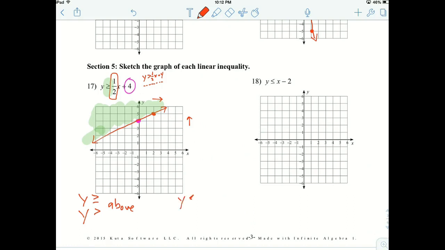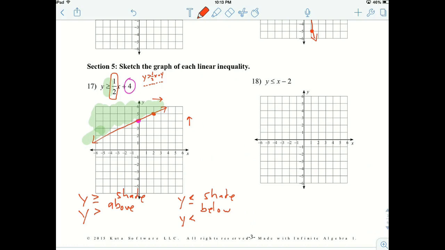Y is less than or equal to, or just y is less than, you would shade below. You might want to write shade below. Unlike a line where the solution is anything that falls on that line, with an inequality it's anything on that line or, in this case, above.